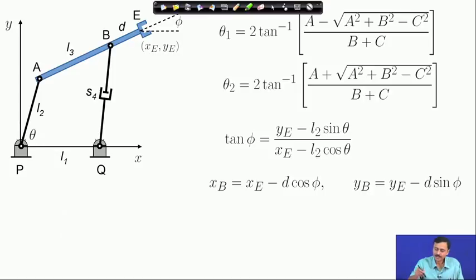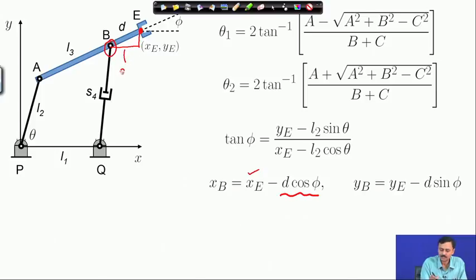Once I have phi, I can define the coordinates of point B. So, coordinates of point B is nothing but coordinates of point E, which is the end effector point, which is given to me, which is known, minus this d cosine phi, which is the projection of B e along the x axis.